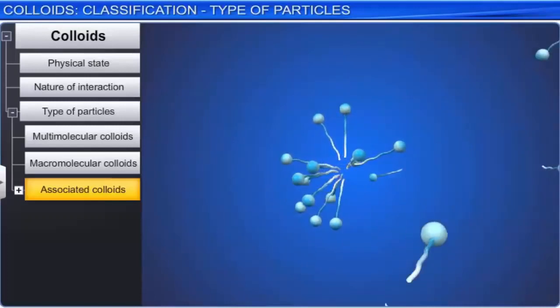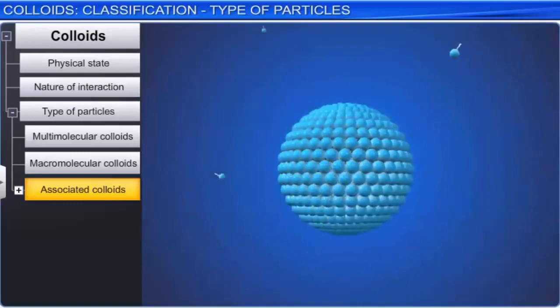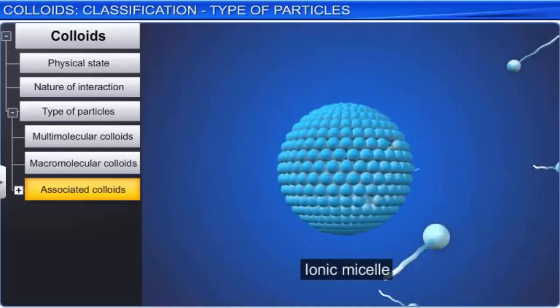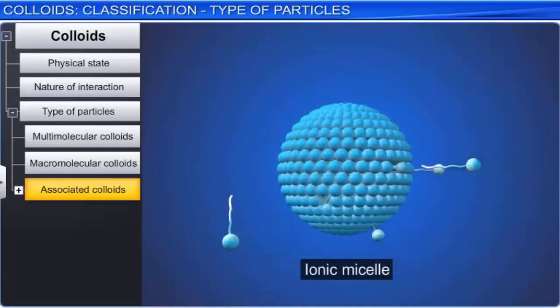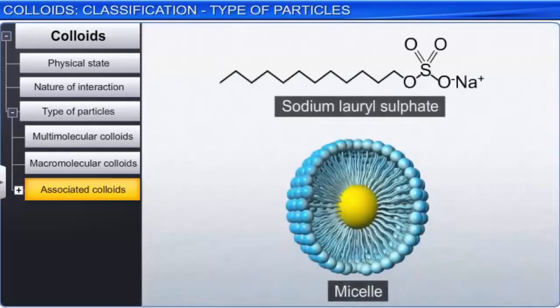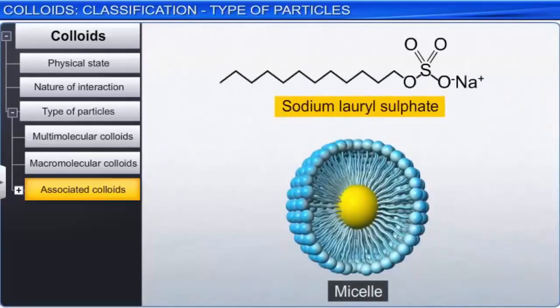The aggregate thus formed has the dimensions of a colloidal particle and is known as an ionic micelle. Detergents like sodium lauryl sulfate undergo micelle formation in a similar manner.